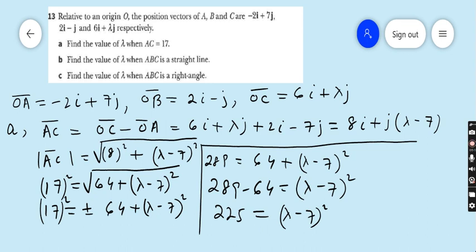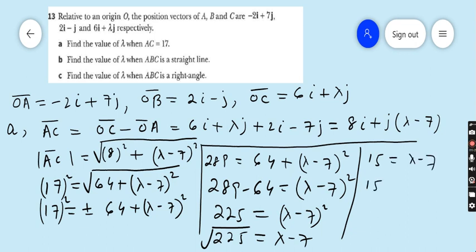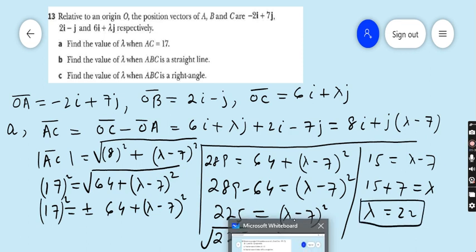Taking square root on both sides, 225 equals lambda minus 7 squared, so the square root of 225 is 15, which equals lambda minus 7, or 15 plus 7 equals lambda, so lambda is 22. Don't put the plus minus sign over here; we have to put plus minus over here.